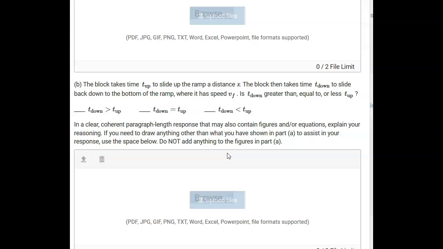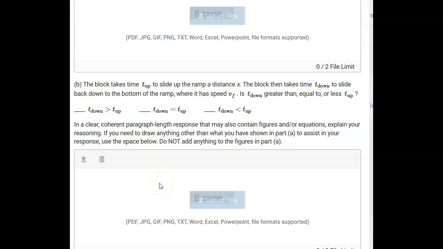That means that the time up should actually be less than the time down. When we think about up and down having the same value, that's only going to be true if it's the same acceleration both ways. In this case, it's different. And so that's what your reasoning should explain.